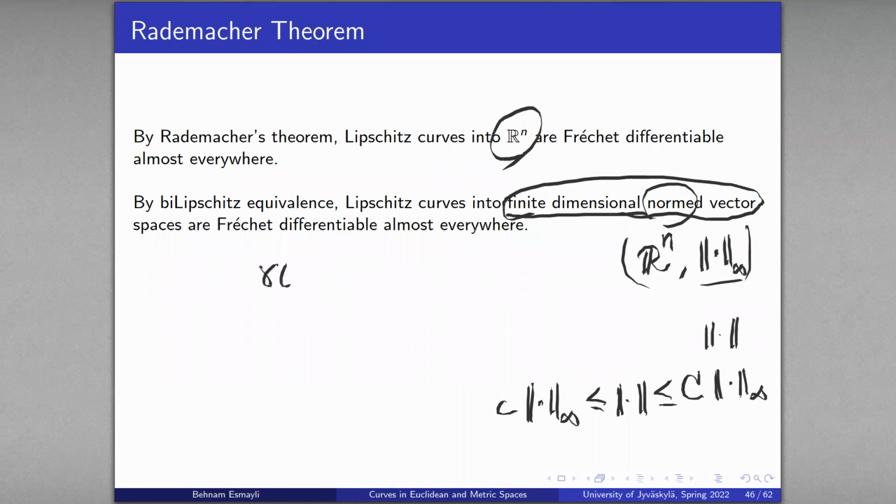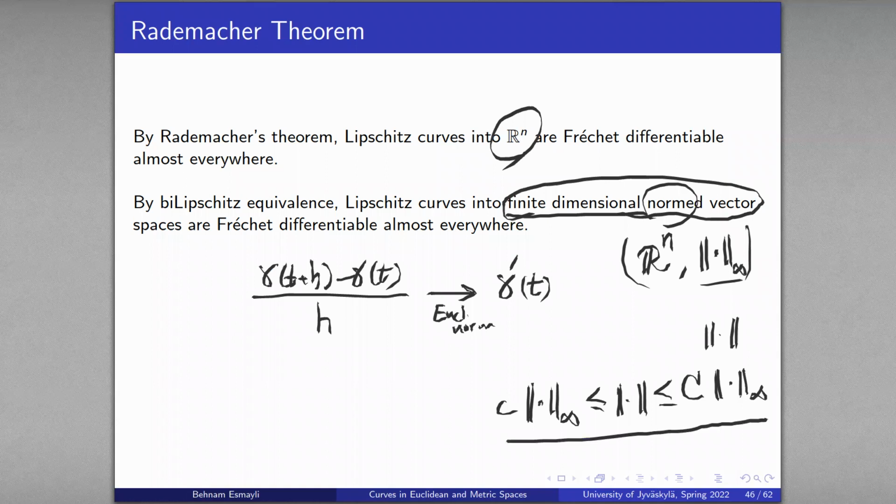That means (gamma(t+h) minus gamma(t)) over h converges in the Euclidean norm, this is Rademacher's theorem, to some gamma prime of t. But because of the Lipschitz equivalence of norms, this implies that it converges also in the new norm on R^n.